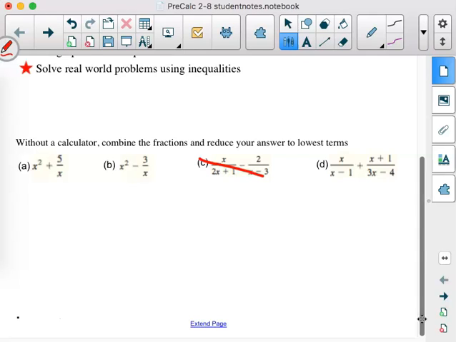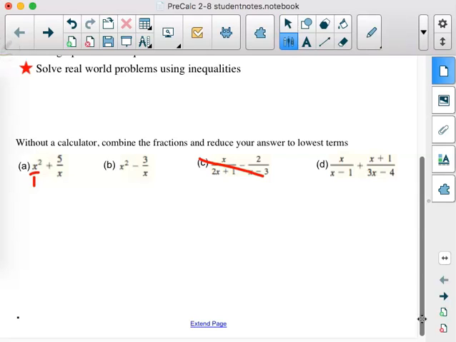So for A, this is all about, do you remember how to work with fractions? And obviously, since we covered some of these yesterday, you do. So what we would do is make everything fractions by putting our x squared over a 1, and then thinking about our LCD. And since our denominators are 1 and x, our LCD would be x.